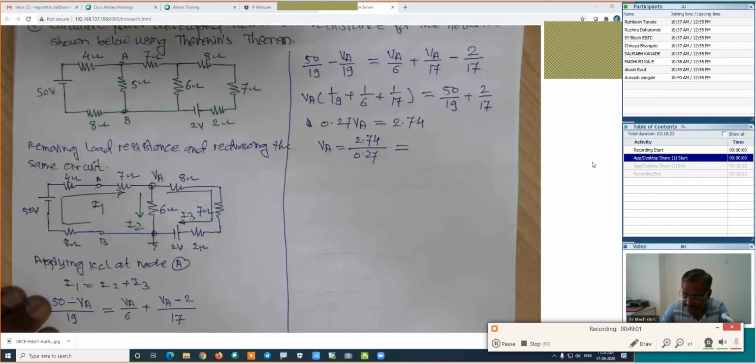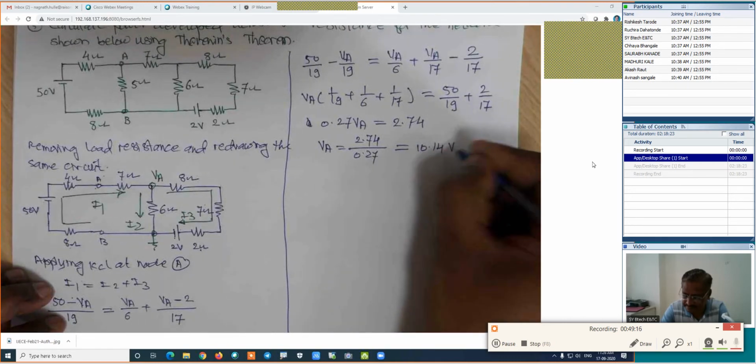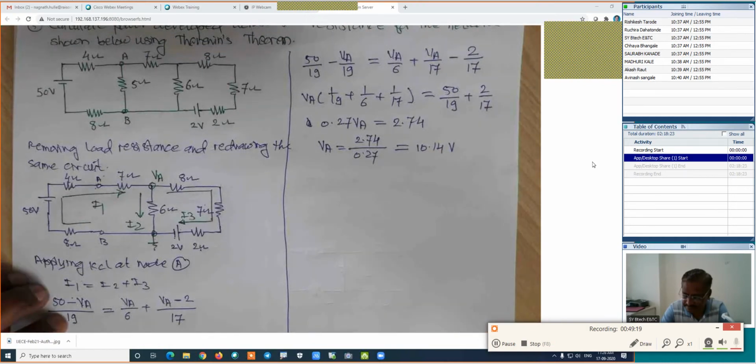How much is VA? 10.14. 10.14 volt is the value of VA.